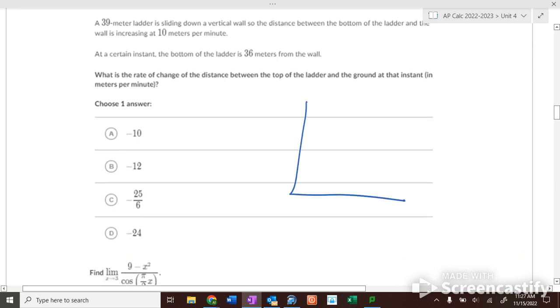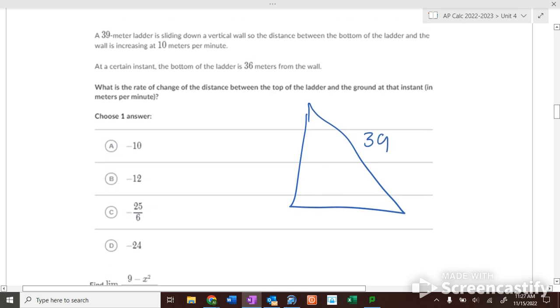Ladder. A 39-meter ladder is sliding down a vertical wall so that the distance between the bottom of the ladder and the wall is increasing at 10 meters per minute. At a certain instant, the bottom of the ladder is 36 meters from the bottom of the wall. What's the rate of change of the top? Well, you do the Pythagorean theorem. What's 39 squared minus 36 squared?